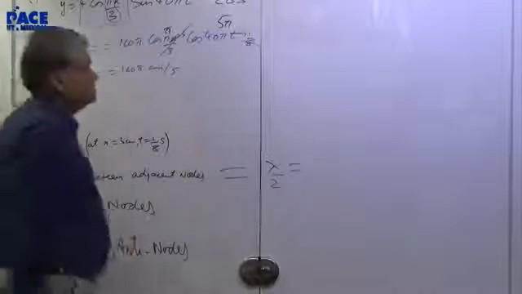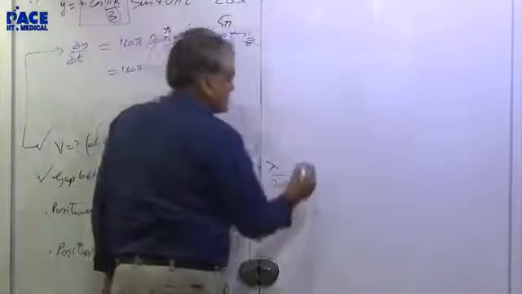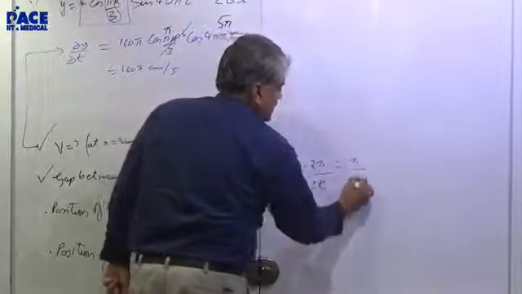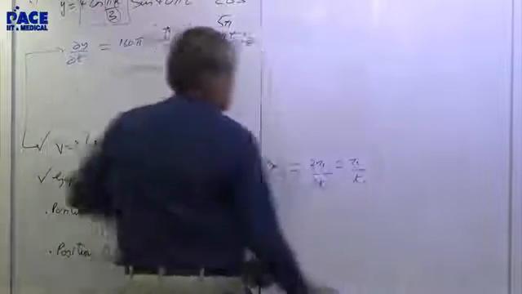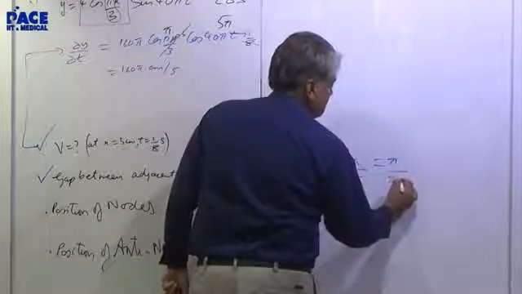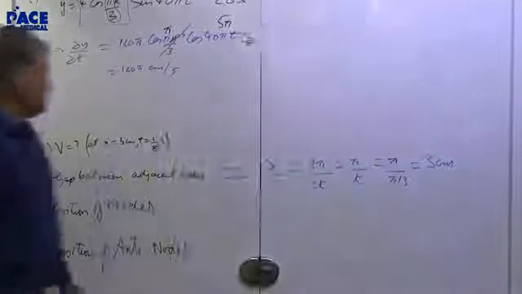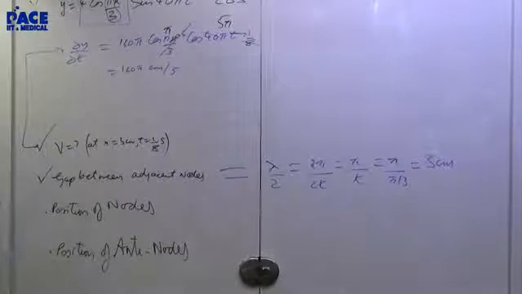So you know k. Now lambda is 2 pi by k, so lambda by 2 is pi by k. And what is k? Pi by 3. So pi upon pi by 3 is 3 centimeter. That's it. This is the gap between adjacent nodes.